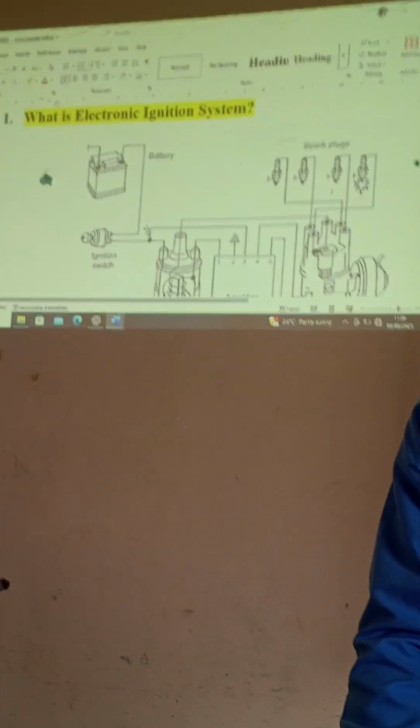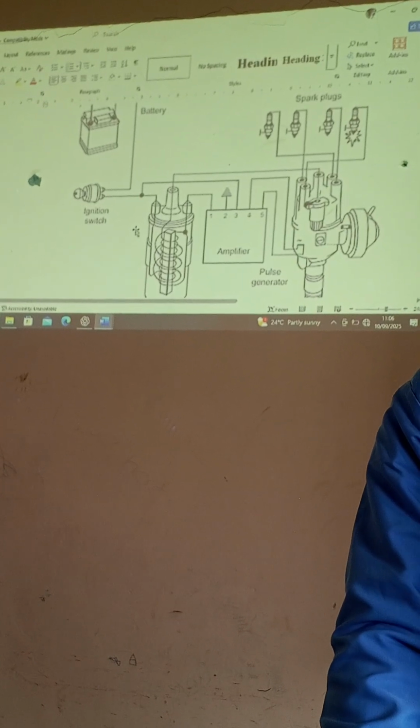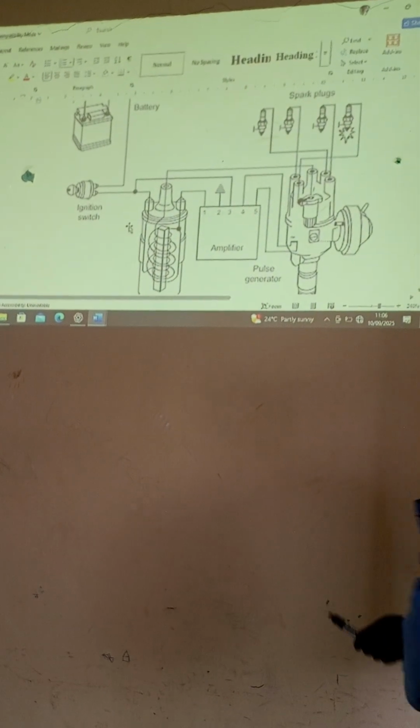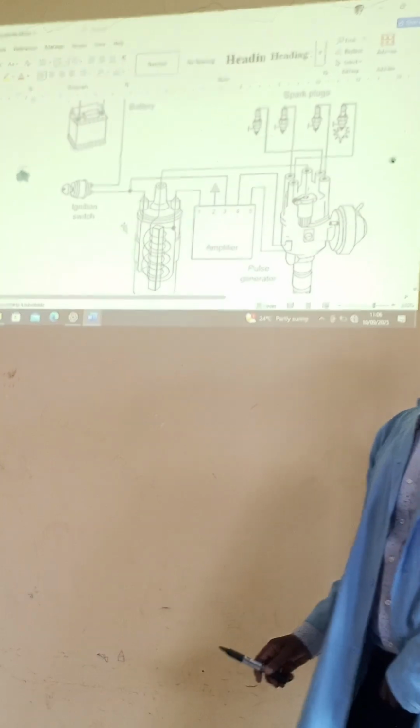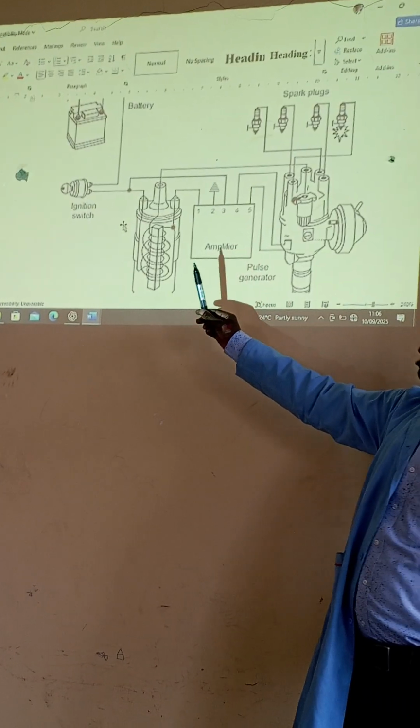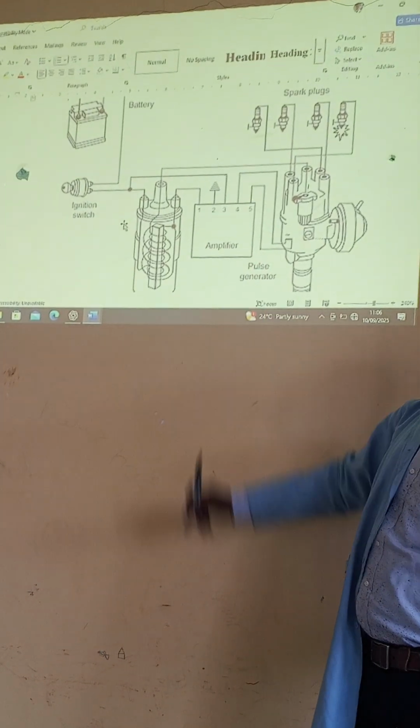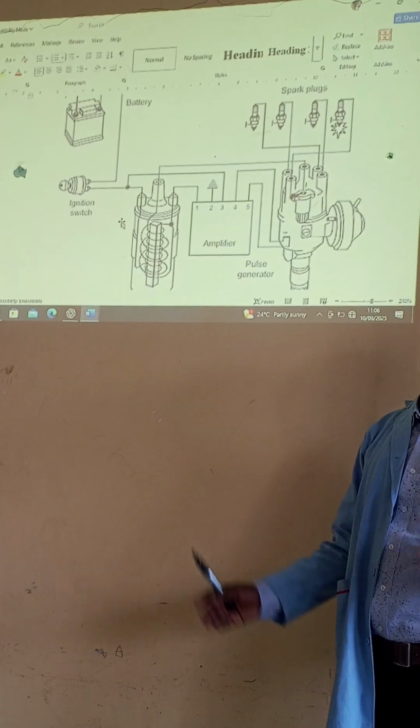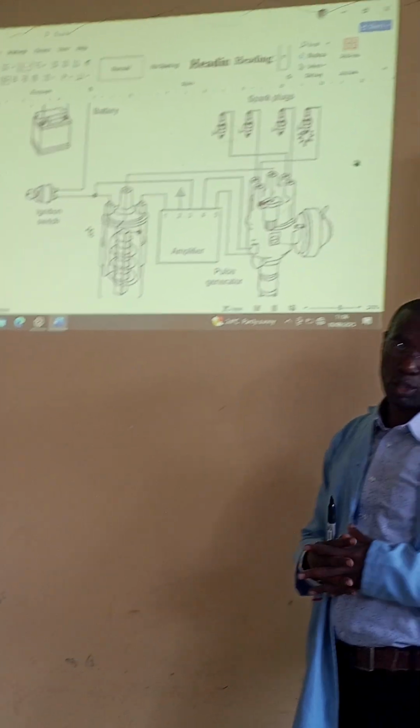The electronic ignition system, as shown on the board, you can have a look at what is on the board. We have these systems being the same, but there is an addition of what? Can you see this? An amplifier.